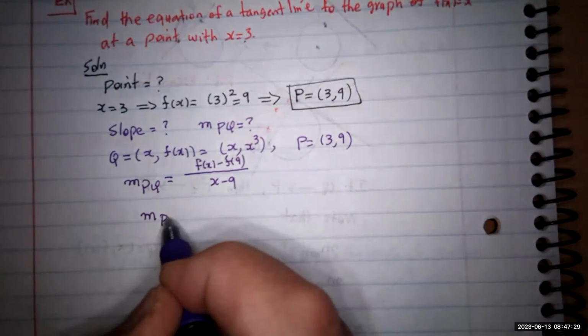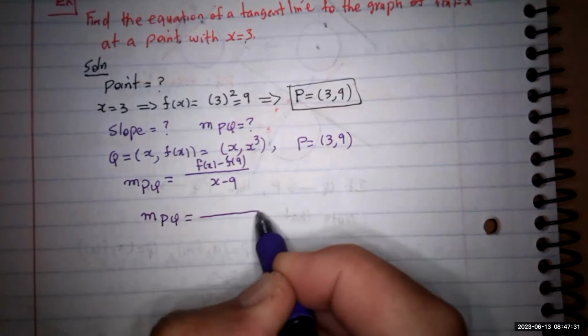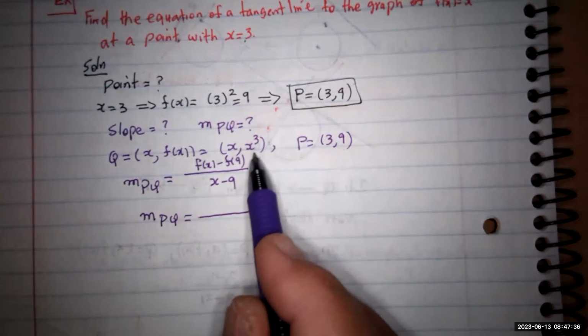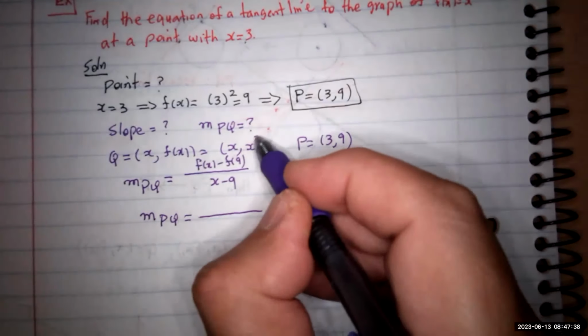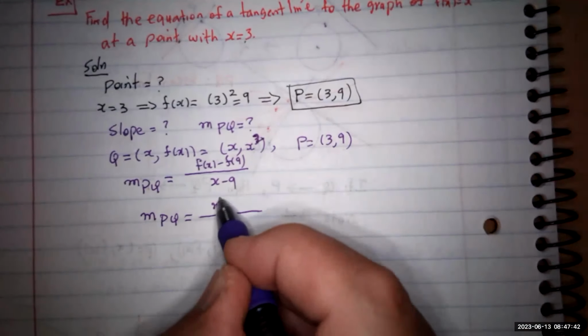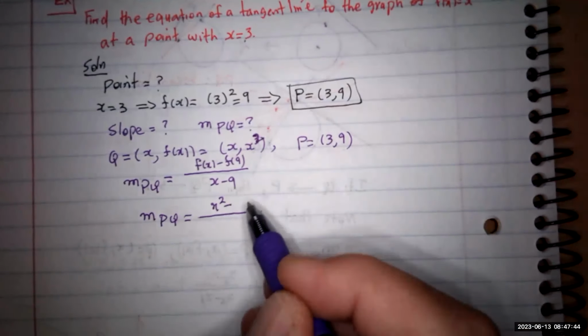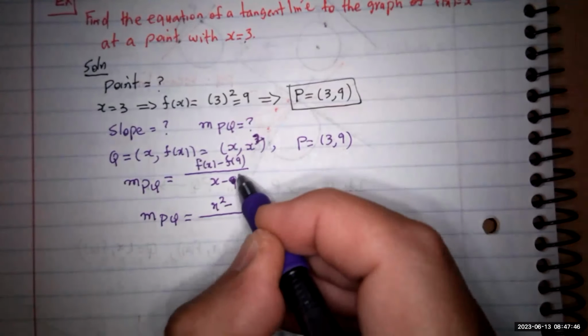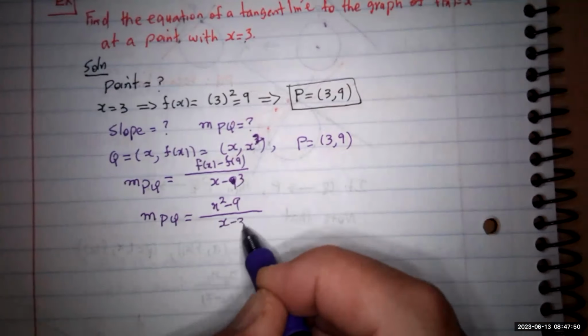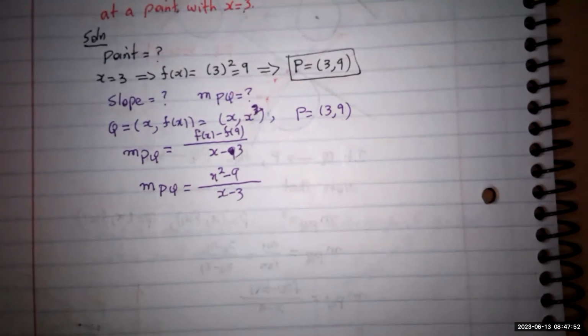So m_PQ is going to be equal to x squared minus 9 over x minus 3. That's going to be the slope of a secant line.